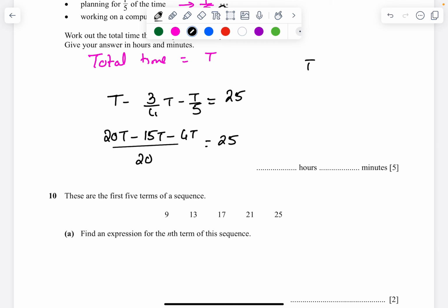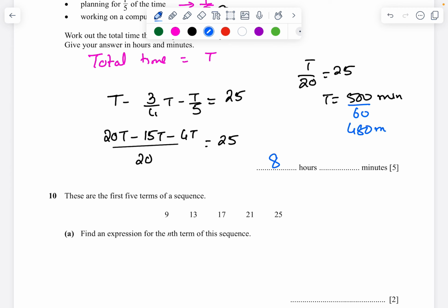So T upon 20 equals 25. So T equals 500 minutes. 500 minutes I need to convert into hours. So when I divide by 60, 8 hours will become 480 minutes. So the remaining 20 minutes will be left over.